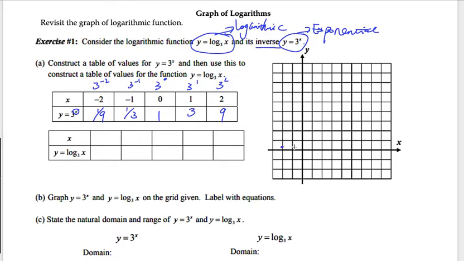And negative 1 is going to be 1 over 3, a little bit higher than that. And then 0 is 1, 1 is 3, 2 is 9. As you can see, it's like a jump, right? 1, 2, 3, 4, 5, 6, 7, 8, 9.